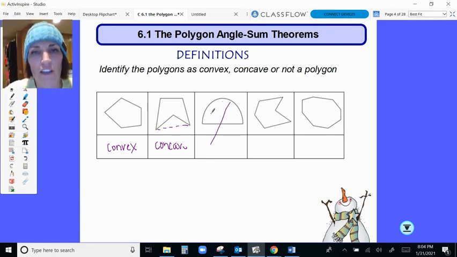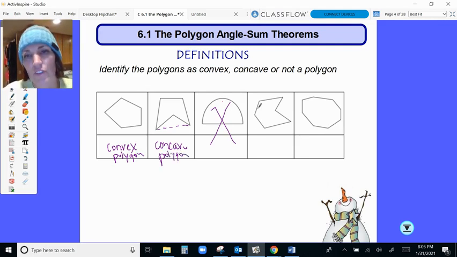This one is a polygon. This right here is a concave polygon. It connects right here, so this diagonal would connect outside the polygon. And this one right here is a convex polygon.